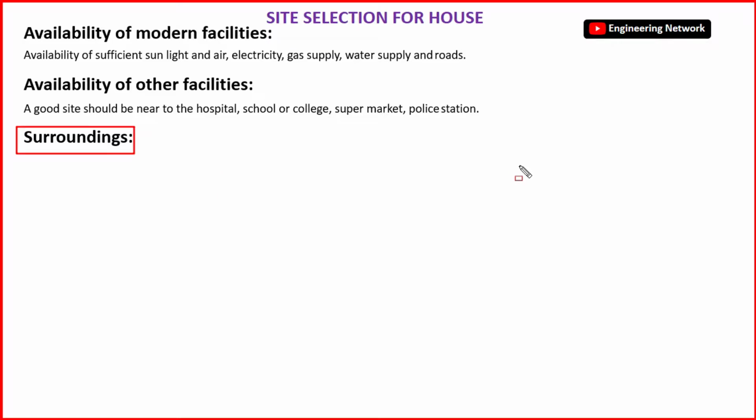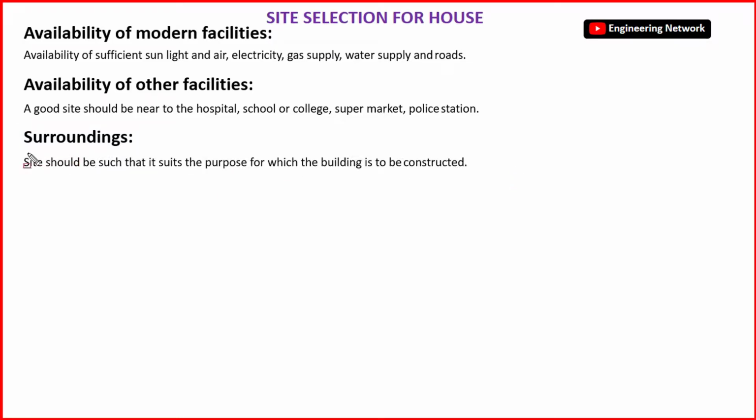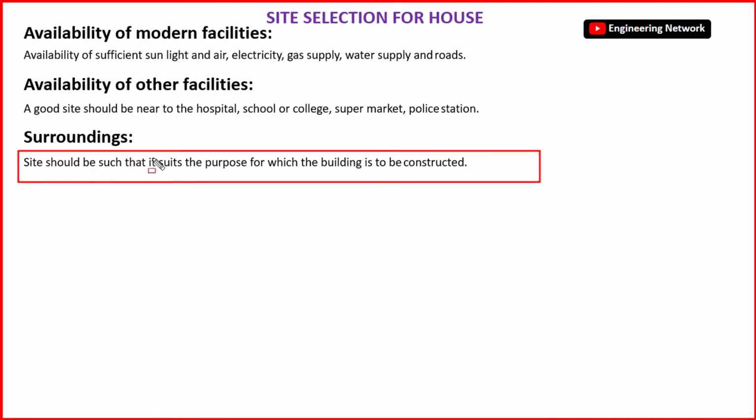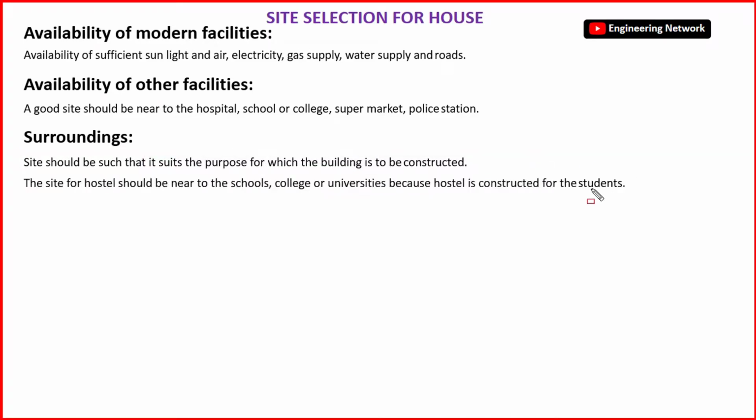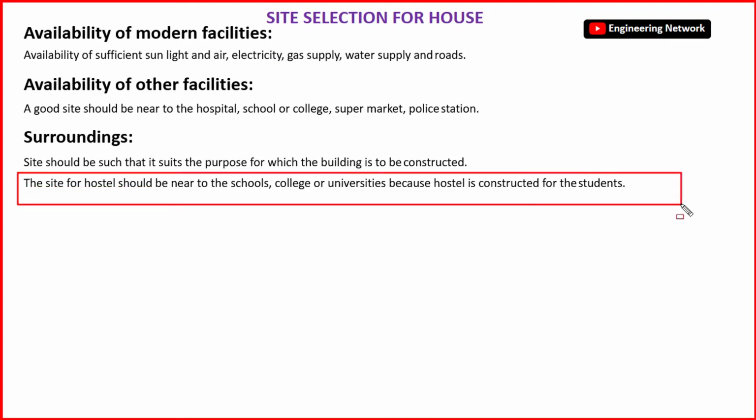Next factor is the surrounding of the site. Now what does it mean? Well, it means that the surrounding of the site should be such that it suits the purpose for which the building is to be constructed, right? For example, the site for hostels should be near schools, colleges or universities, because a hostel is meant to be constructed for students.